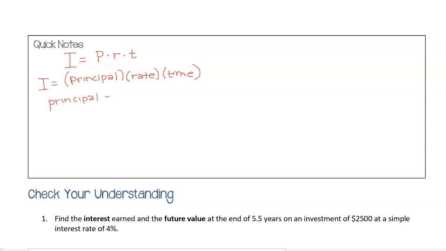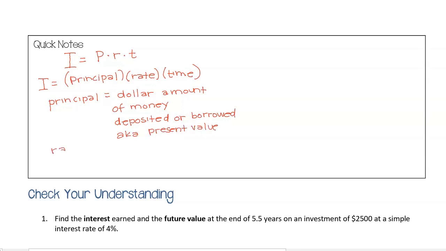Principal is going to be the dollar amount of money deposited or borrowed. Later on, we will call it present value. The rate is going to be the percentage, but we need it in decimal form. And the time is going to be in years.